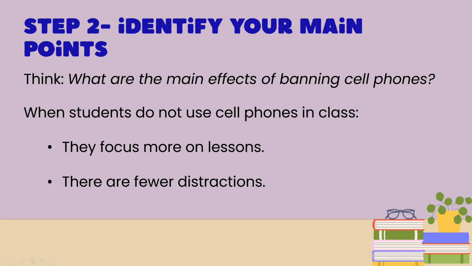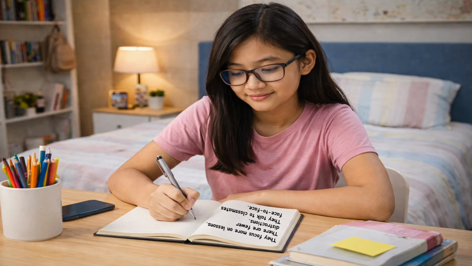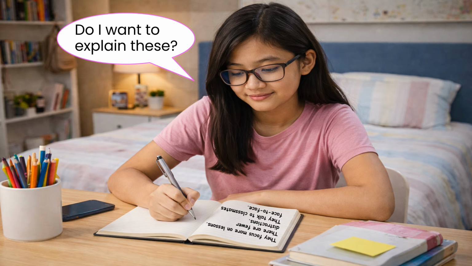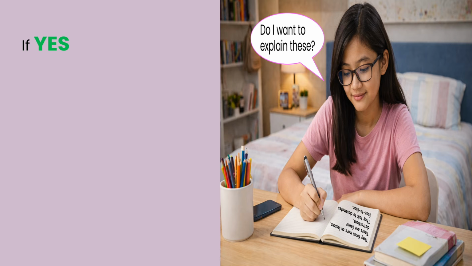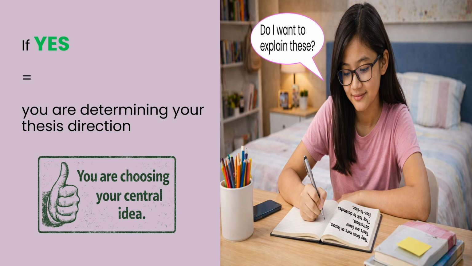There are fewer distractions. They talk to classmates face to face. These are possible main points. Now ask yourself, do I want to explain these? If yes, then you are determining your thesis direction. You are choosing your central idea.